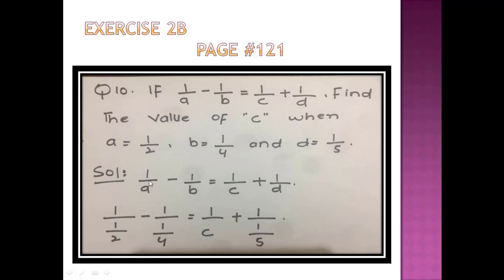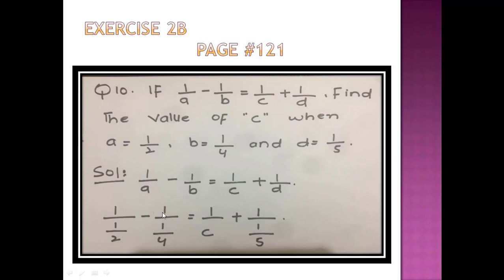Solution. 1 over a minus 1 over b is equal to 1 over c plus 1 over d. Now here we have 1 divided by a. हमने यहाँ क्या किया? a की वैल्यू पुट की, that is 1 over 2 and 1 is this one. फार्मूले का 1 यहाँ पर ऑलरेडी है.